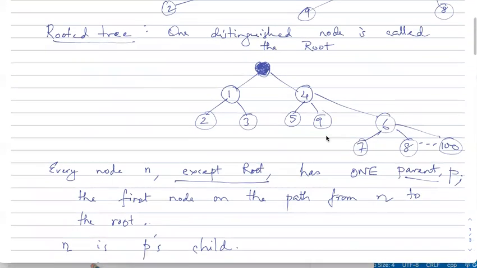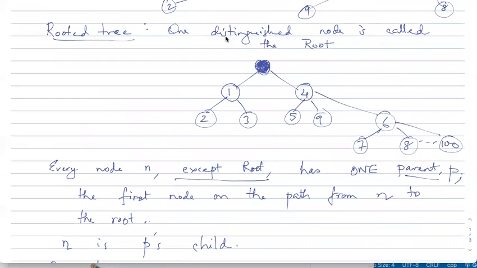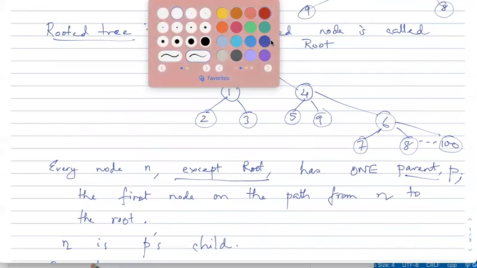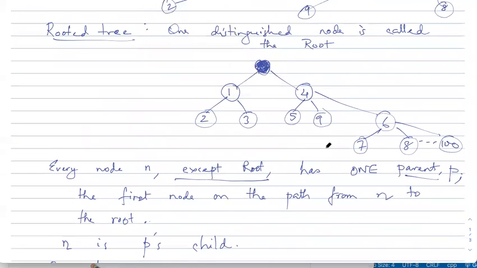So pictorially, when we are looking at the height of 4, it is generally measured down to the leaf node. So what would be the height of 4 in this case? 2. Exactly.